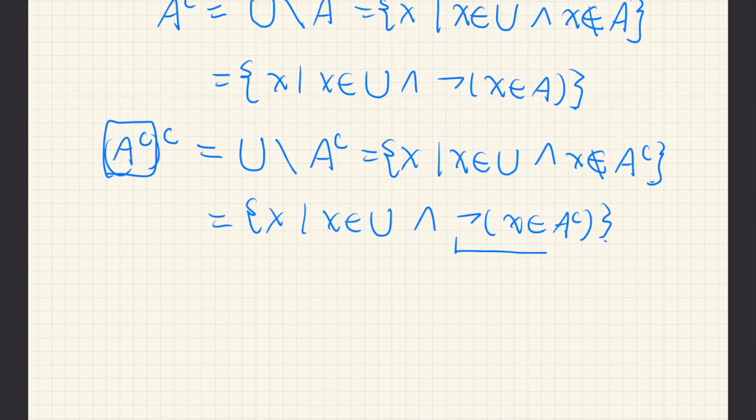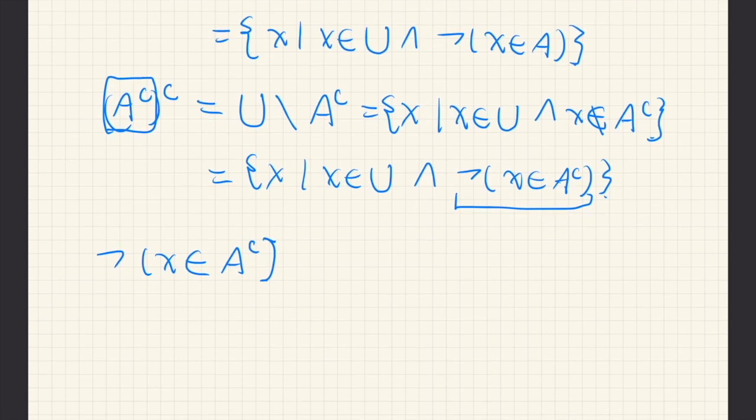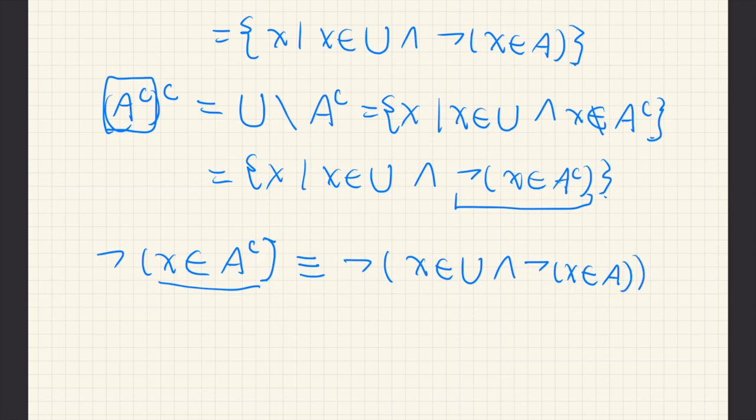Now let's consider this part. Not X belongs to A complement. But X belongs to A complement means X belongs to U and not X belongs to A, according to the definition of A complement, right?